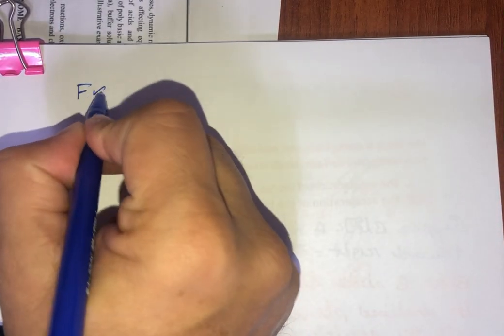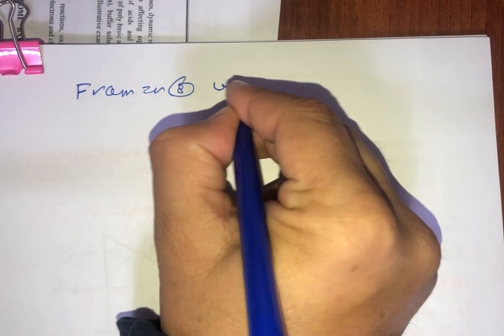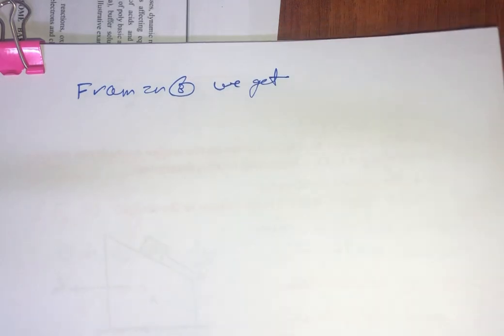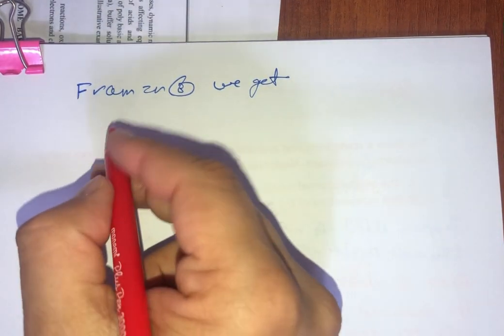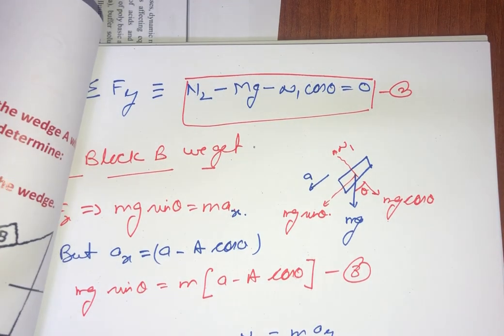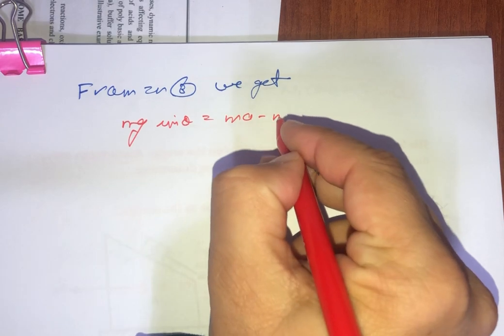And secondly, we are going to use equation 3. So we can see that from equation 3, we get, okay, so equation 3 was mg sin theta is equal to ma minus MA cos of theta.